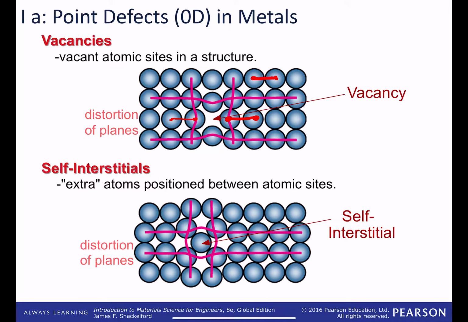How about interstitial sites? Looking at that with a more detailed view of the planes nearing that site, as you can see here, bonds are again asked to distort and stretch. So here these bonds are very long to accommodate the additional interstitial atom of the same type. This self-interstitial, same atom type going into its interstitial position, is forcing bonds to stretch very far from one another.